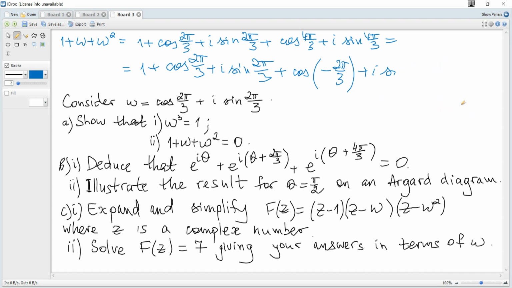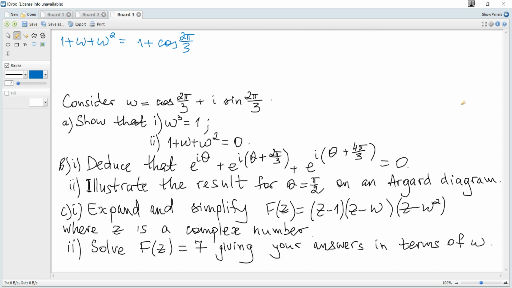And another way is to consider omega cubed minus 1. Applying the remainder theorem, we can see clearly that 1 is a root, and we know that if we know one root, we can represent this as omega minus 1 multiplied by another polynomial, plus, in general, a remainder, but since 1 is a root, the remainder is 0.